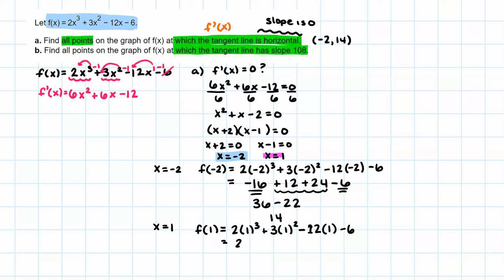So that makes 2 plus 3 minus 12 minus 6, or 5 minus 18, which is -13. So if I graph this function at the point 1, -13, that tangent line, the line that touches that graph only once, will have a slope of 0, or it will be horizontal.